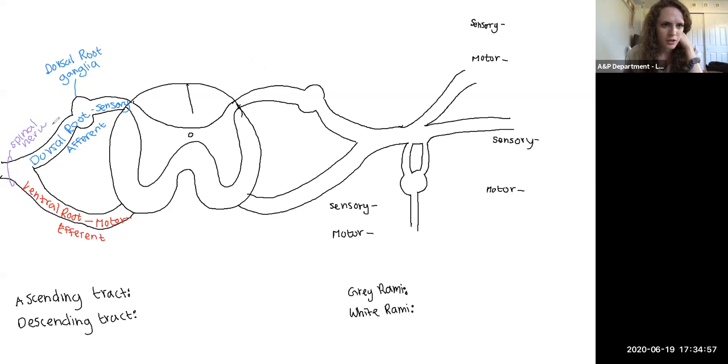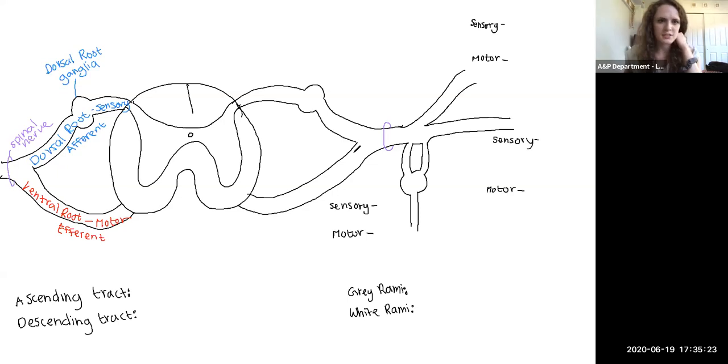It's when your dorsal root and your ventral root become one big nerve. You can see it over here as well. Here is your spinal nerve. I won't write it for sake of space. But spinal nerve is when dorsal root and ventral root combine and form one. So you're going to have both sensory and motor information traveling in that spinal nerve.